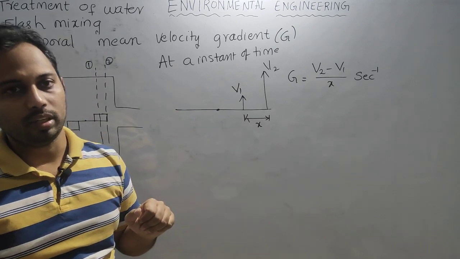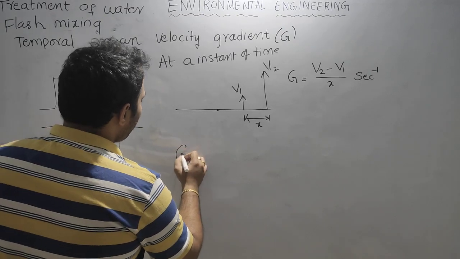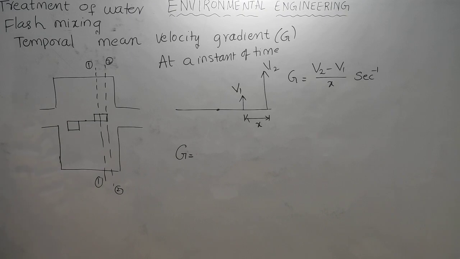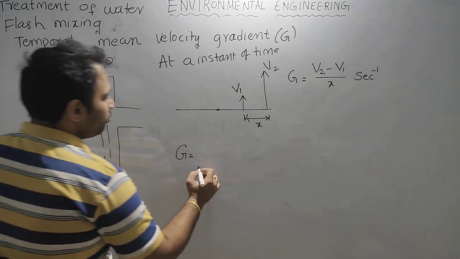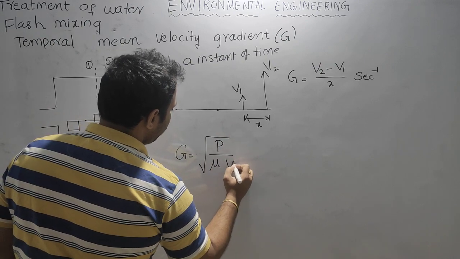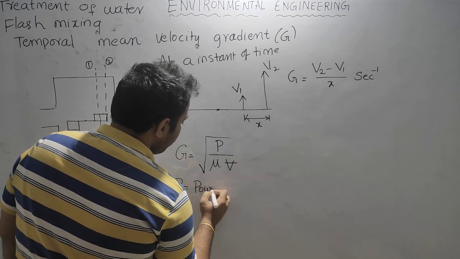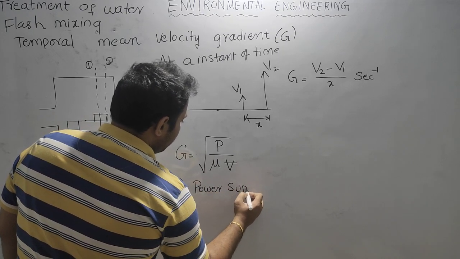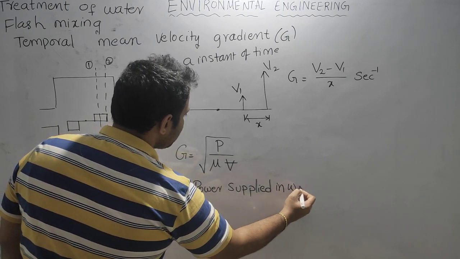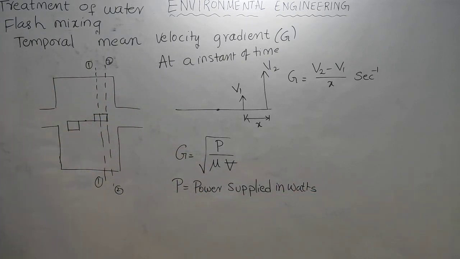From the power supplied to the shaft, there is a formula to find G: G is equal to square root of P by mu into volume. P is the power supplied in watts.